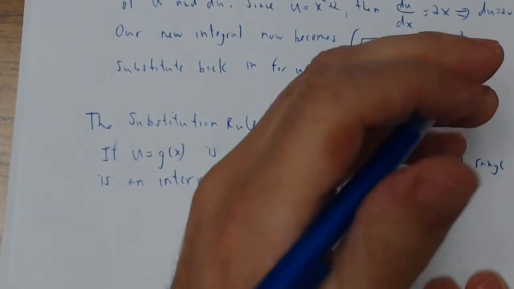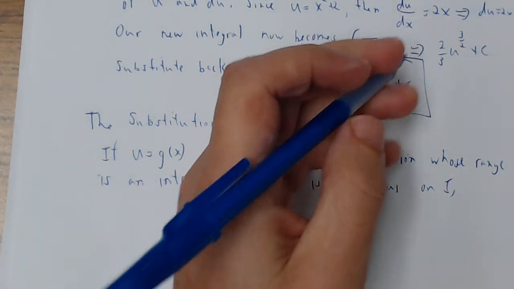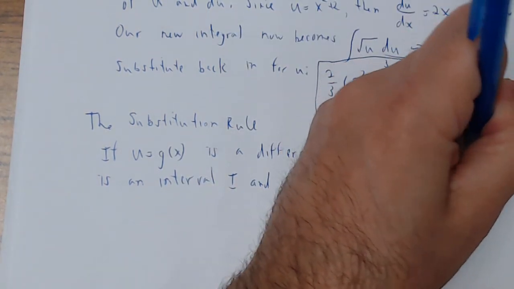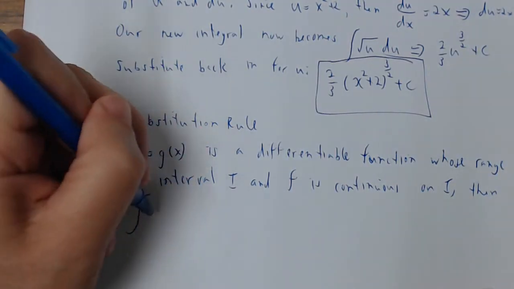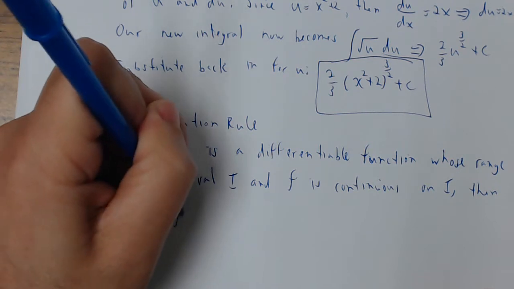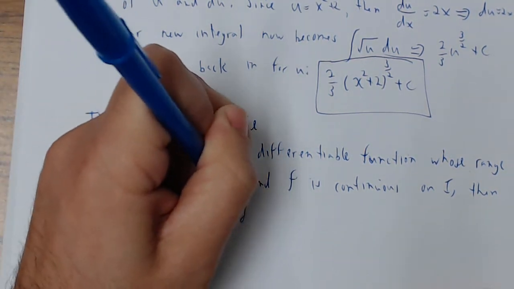Okay, so we'll see in a minute why f has to be continuous on the range of g of x. Then here's what we have: the integral of f of g of x, g prime of x dx.